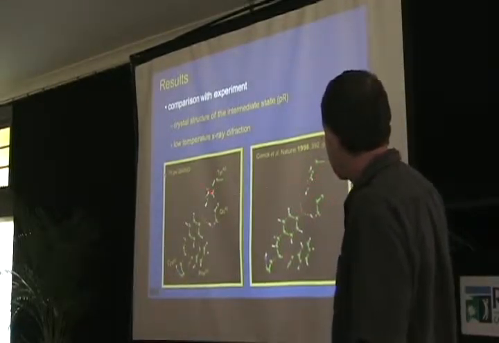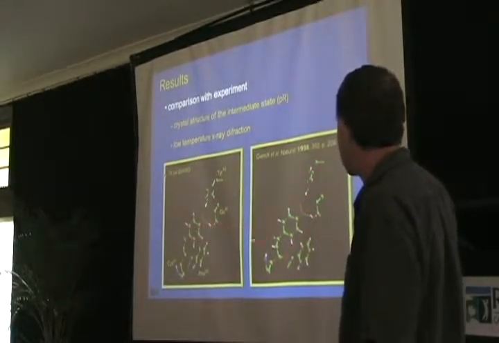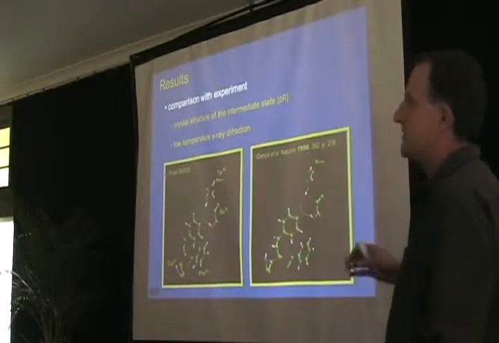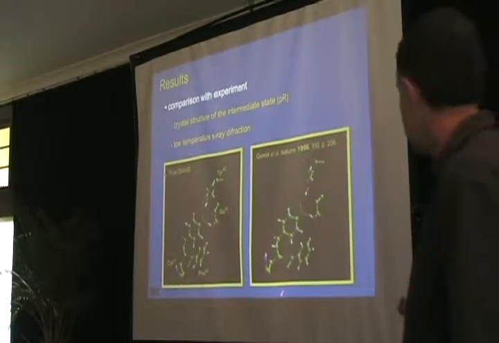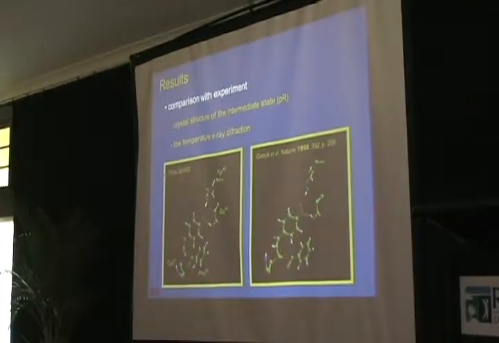You can see that there is almost an exact one-to-one correspondence between the positions of what we get as our final state from our mixed QM-MM calculation, before the system's allowed to proceed further, and the proposed trapped state, which was found by Getzoff and also some other people as well.